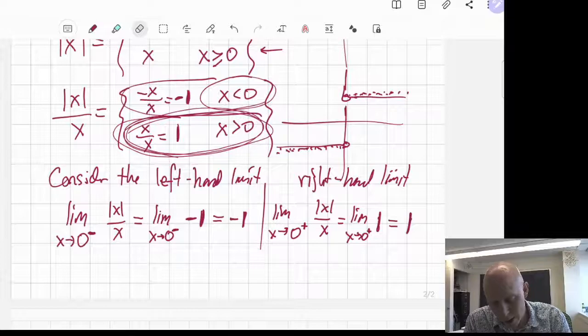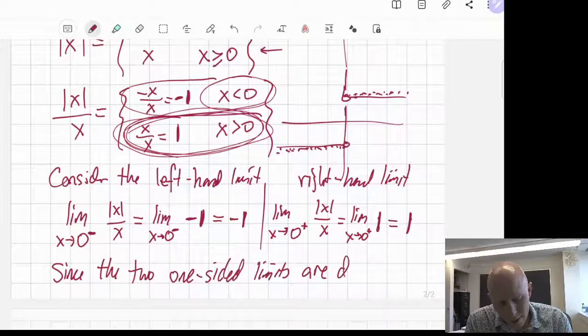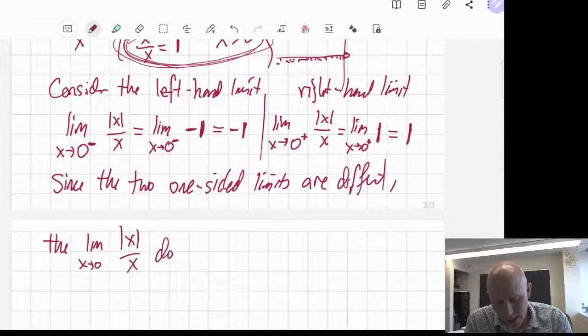And so what we would say is, since the two one-sided limits are different, the limit as x goes to 0 of f of x, or absolute value of x over x, does not exist.